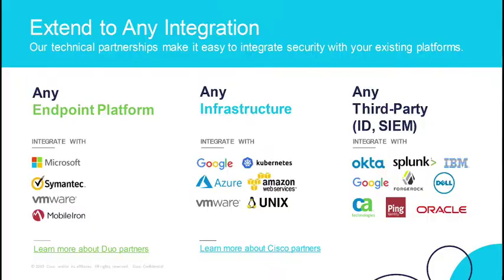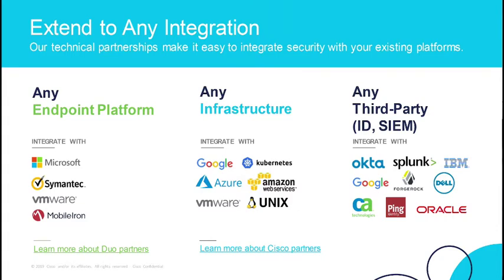The great thing is we can actually extend across the full customer's environment, not only with Cisco technology, but really any technology. With endpoint platforms, we can integrate with Microsoft, Symantec, VMware, Mobile Iron, and just about anything. In any infrastructure, right?